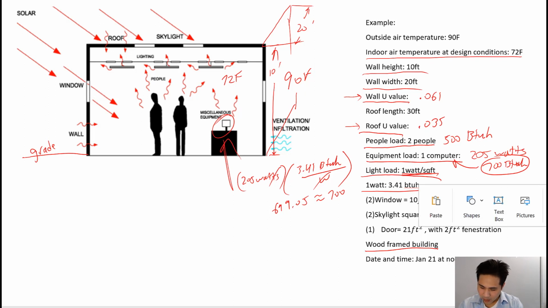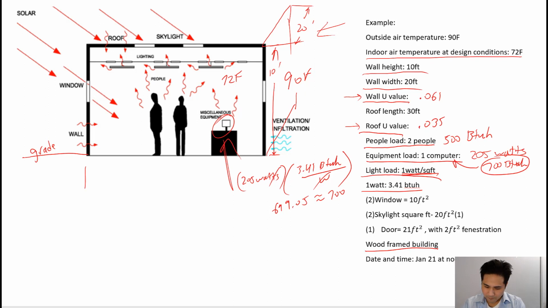And for the lighting load, you could do the same thing. It's just 1 watt per square foot. And for this space, the square footage is going to be 30 times 20, so that's 600 square feet.